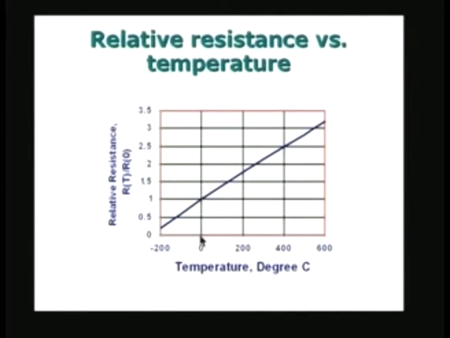For temperatures below the ice point, the ratio is smaller than 1, which means the resistance decreases when you decrease the temperature, and it is greater than 1 for temperatures above the ice point. The way I have plotted, if you are not very careful, you will think it is almost like a straight line, but there is some slight nonlinearity. The idea is to see how to characterize this nonlinearity and how to use the platinum resistance thermometer for measurement of temperature. This is what is going to be the discussion from now onwards.